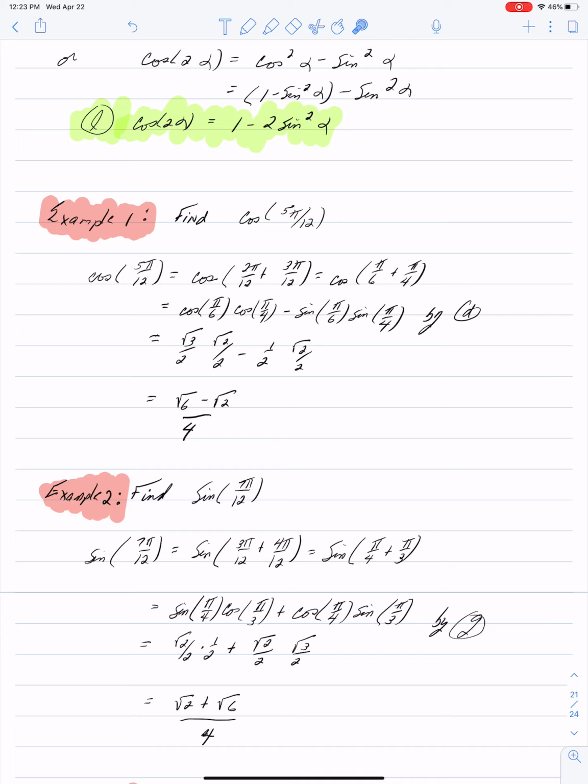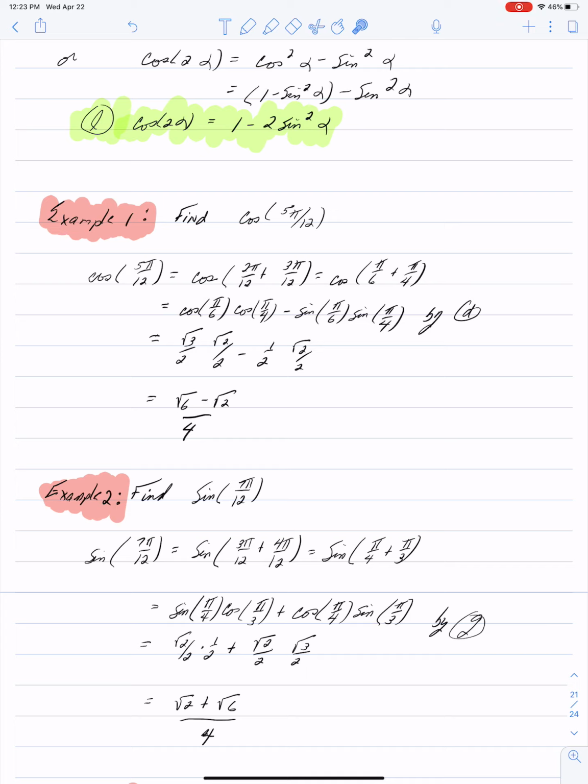It just comes down to, can I write 5 pi over 12 in terms of angles I do know? Well, 5 pi over 12 is 2 pi over 12 add 3 pi over 12, yes? But 2 pi over 12 is pi over 6.